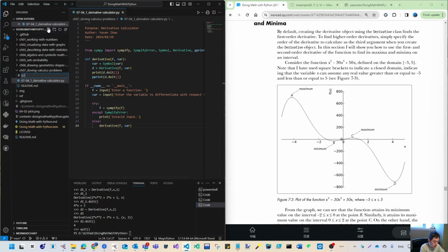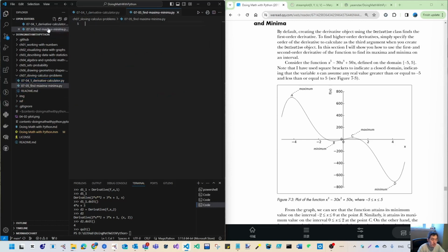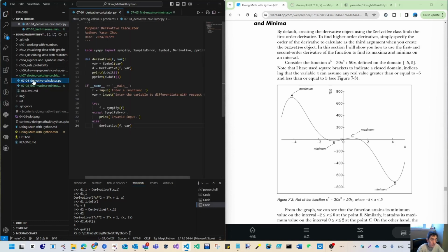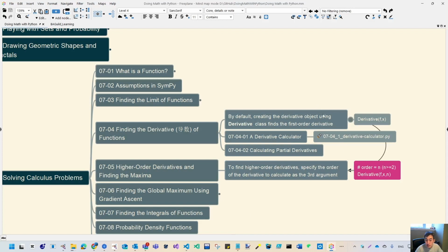It's 0, 5, 0, 7, 0, 5, find higher order maxima minima dot py. Actually here we only have one, so we don't need this one.